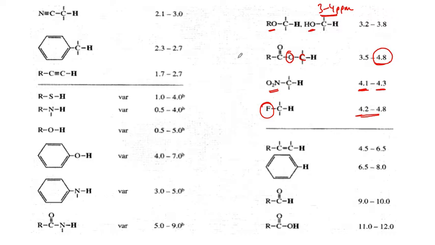Now we need to understand one more thing. We have talked about the sp3 carbon hydrogen, the hydrogen connected to an sp3 carbon, which can be connected to various other groups. Now let's talk about the sp2 carbon hydrogen. What should be the value for this type of proton?